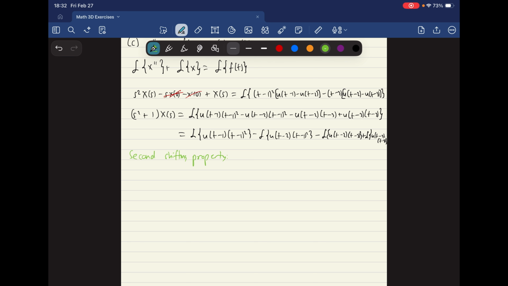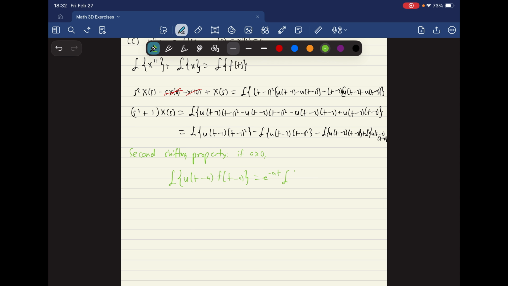So this states that if a is a positive constant, then the Laplace transform of a function of this form, f of t minus a, is equal to e to the minus a s, where a is the constant that we're shifting by, multiplied just by the Laplace transform of f of t.